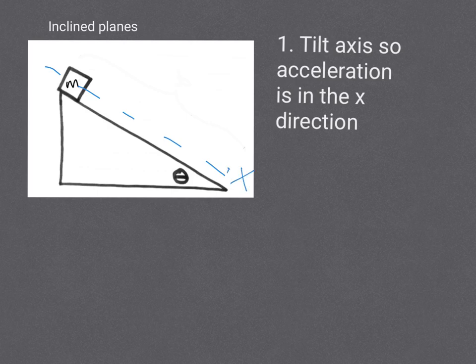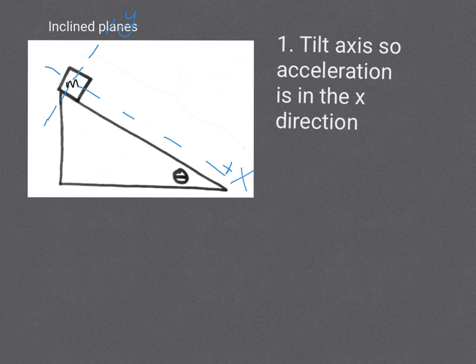Okay, positive x is going down the ramp, which means our y will have to be tilted as well so that it's perpendicular to the surface. Right? And once we do that, we can label our forces.